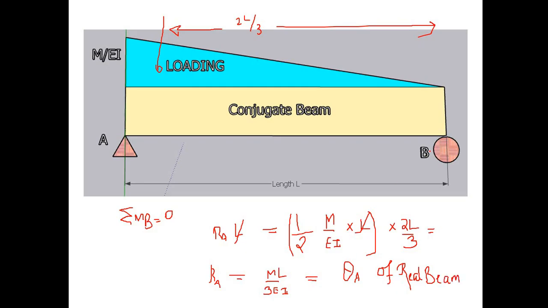Then we have to find out RB. How will you find RB? The total loading minus RA will give you the reaction at B. The total loading is ML by 2EI.